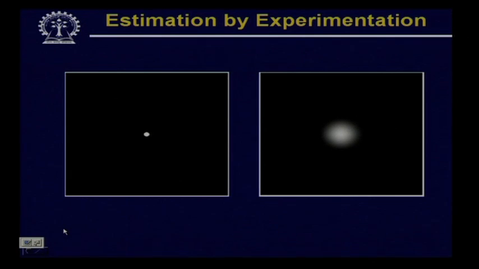The other approach for estimation of the degradation function, we have said, is the estimation by experimentation. Our requirement is that whichever imaging device or imaging setup has been used to record a degraded image, in our laboratory for experimentation purposes we will have a similar imaging setup.